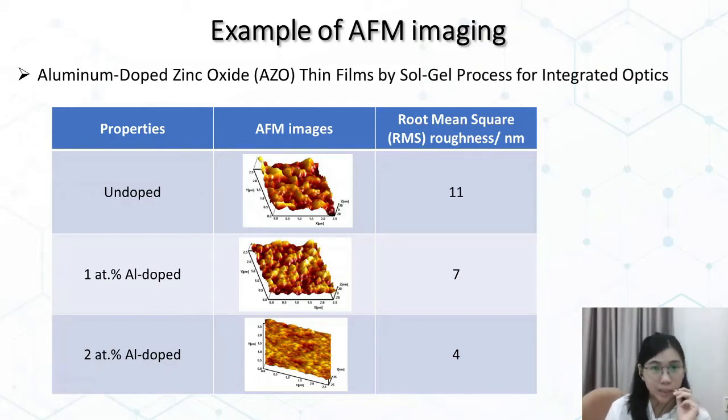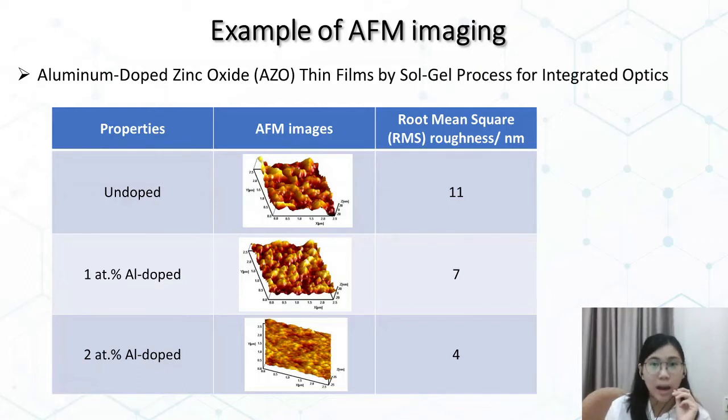Back to the topic, this table lists the result of the experiment on the undoped, 1 atomic percentage of aluminum dope, and 2 atomic percentage of aluminum dope.